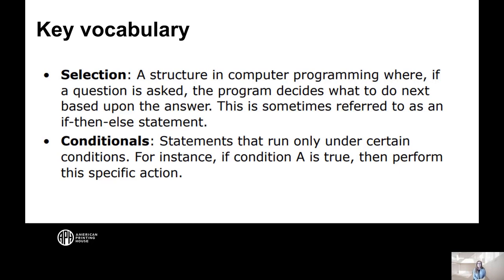For instance, if condition A is true, then perform this specific action. So a conditional example is, if it is Saturday, I will sleep in. If it is Tuesday, I will go to school. So those are our two key vocabulary words for this lesson.